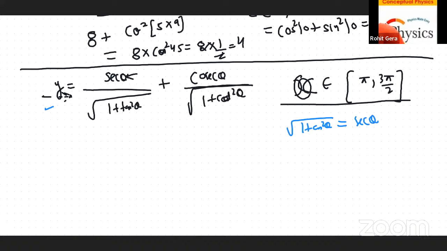What is the message? What is so special in the third quadrant?